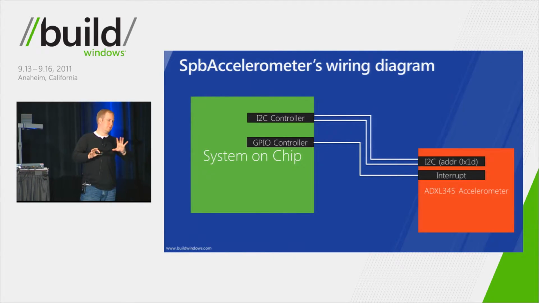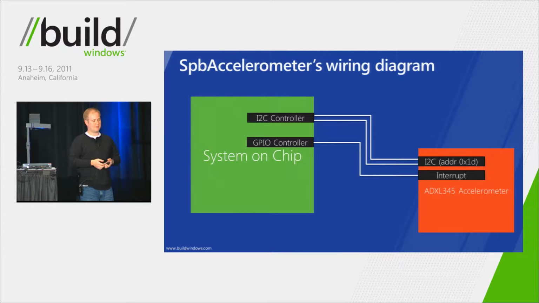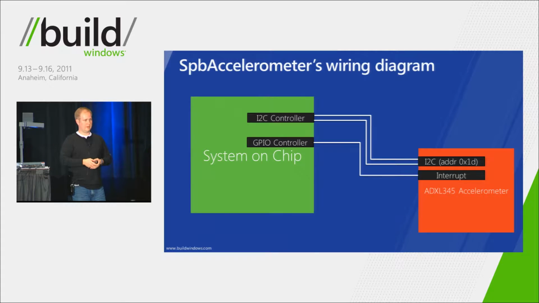I do want to put one little note here that while you see system on chip mentioned throughout this presentation, it's not limited to system on chip. These buses are obviously very prevalent on system on chip, ARM and x86, but also you're going to see these on all varieties of PCs that match the hardware specifications for these new APIs.